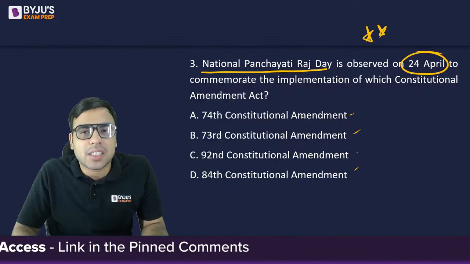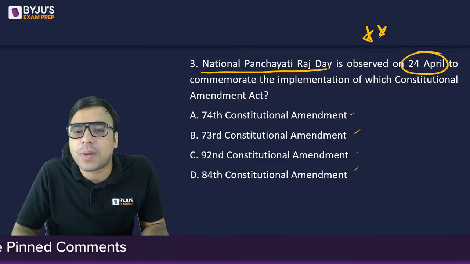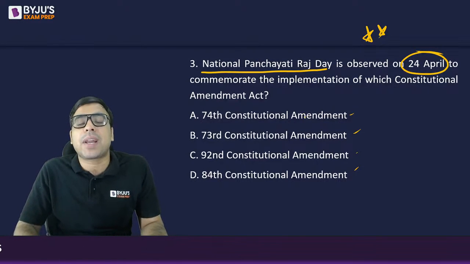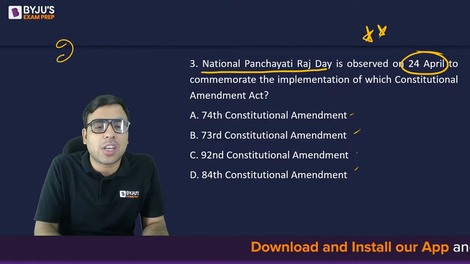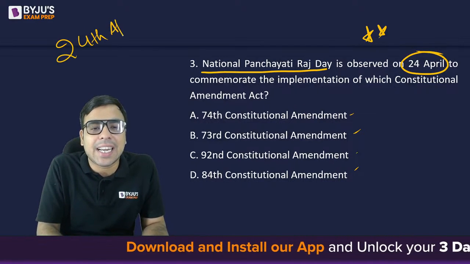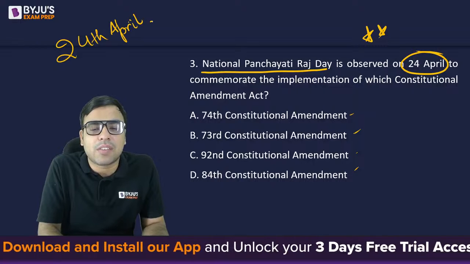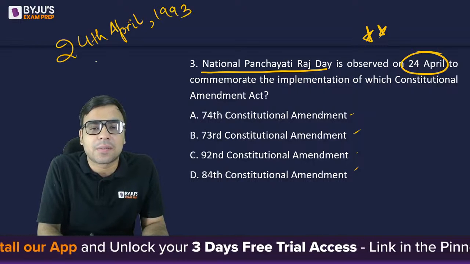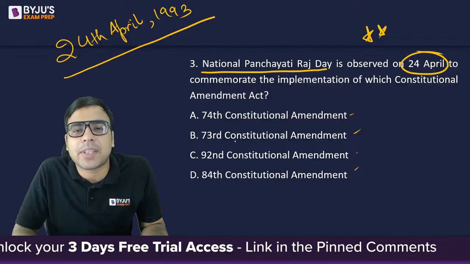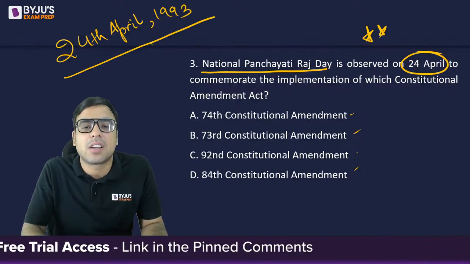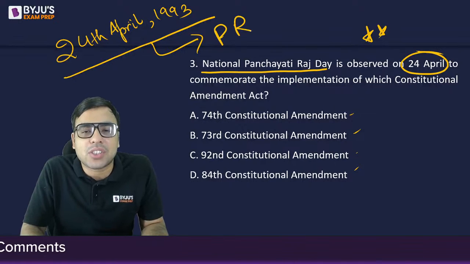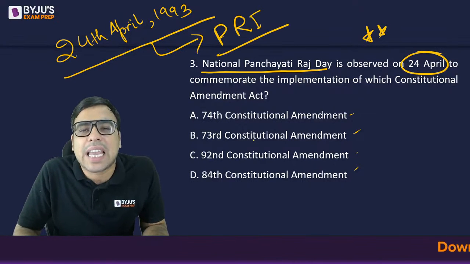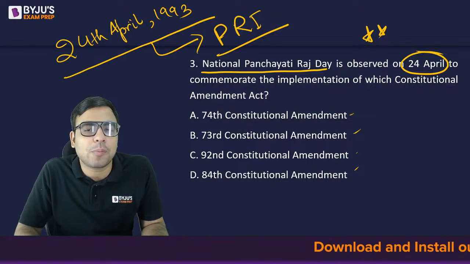National Panchayati Raj Day हर साल 24 अप्रैल को मनाया जाता है. वो किस लिए मनाया जाता है, कौन सा अमेंडमेंट पास हुआ इसीलिए. सो आई एम गिविंग यू हिंट. एक्चुअली ऑन 24th April 1993, a very famous constitutional amendment was passed which led to the constitutionalization of Panchayati Raj institution, or which gave constitutional backing to PRIs.